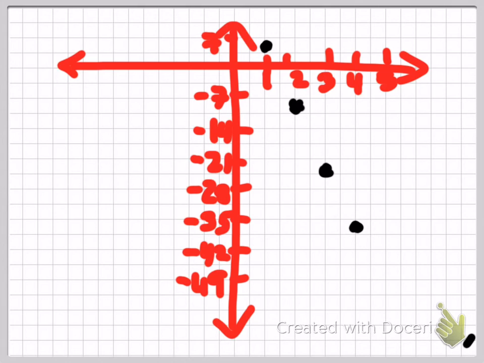And finally 5, negative 49. What you should see is that this makes a straight line. And we would connect the dots.